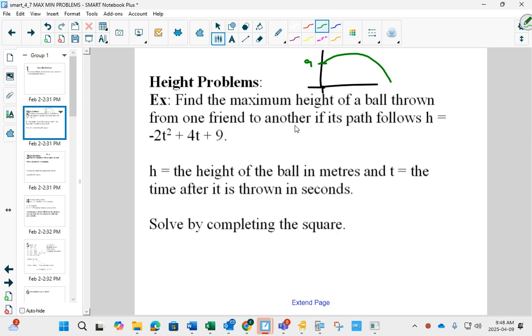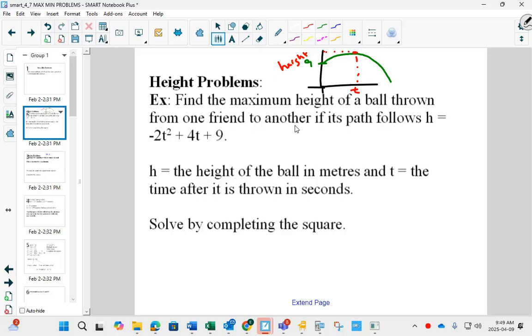What we're trying to find is the vertex, because does it make sense that that will be the highest it ever gets? And this would be the time t when it happens. But the question is not asking for the x-coordinate, it's asking for the y-coordinate because it's asking for the height. So if I can find the vertex, I can solve all my maximum-minimum problems.